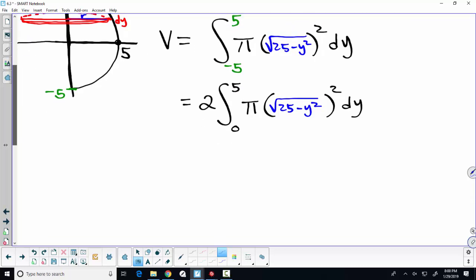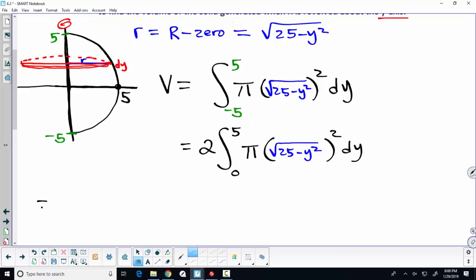Okay. So we have our constants, 2 pi. Let's write this from 0 to 5. And the root undoes the square. The square undoes the root, rather.